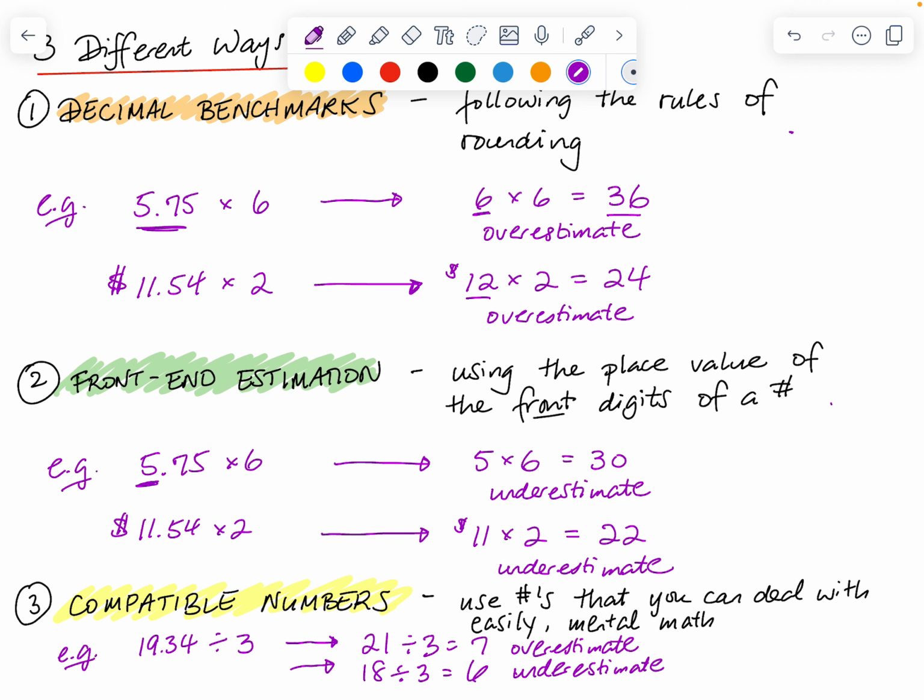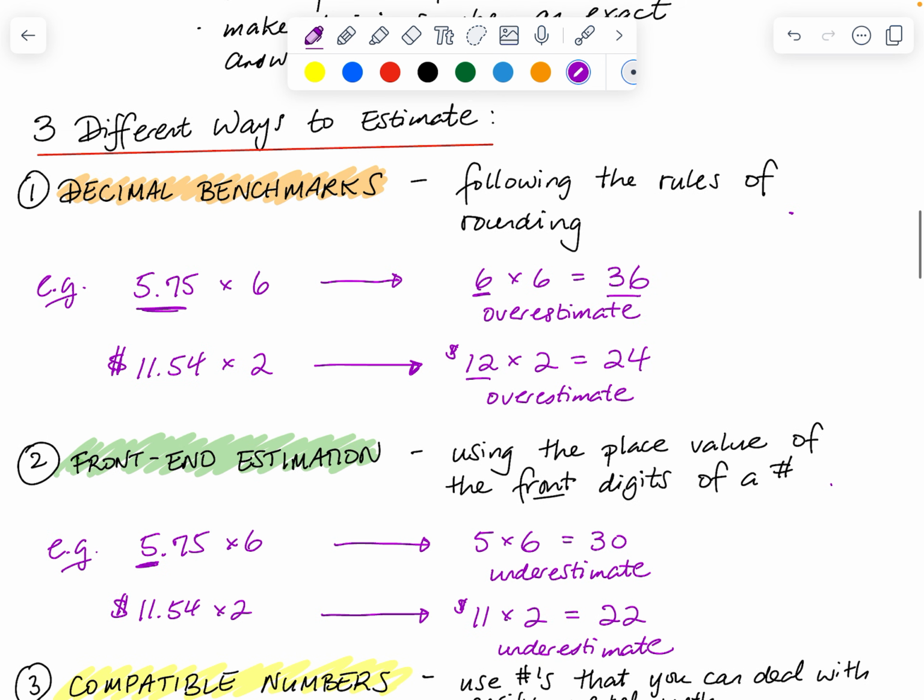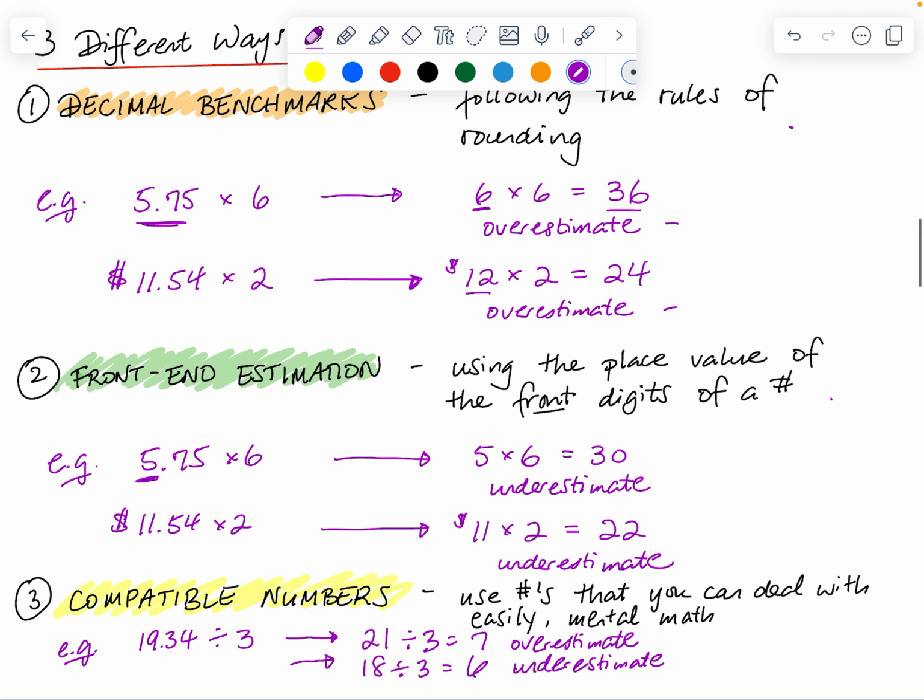So to review again the 3 different ways of estimating, we've got decimal benchmarks, where it's just following the rules of rounding. Be mindful if your estimate is over or under, okay? So in these 2 cases, we had 2 overestimates. Front-end estimation, you're simply just using the place value of the front digits before the decimal, okay? You're not looking at anything after it.